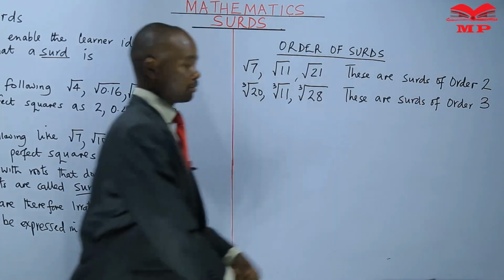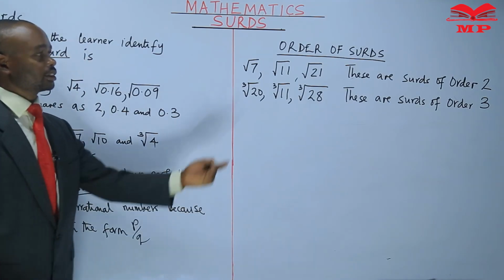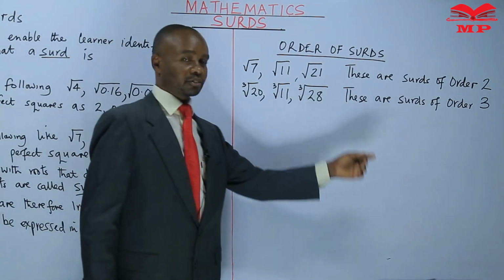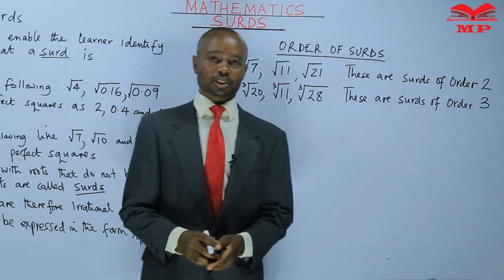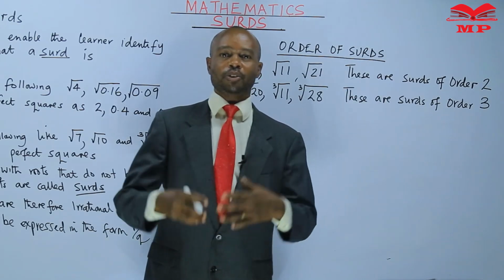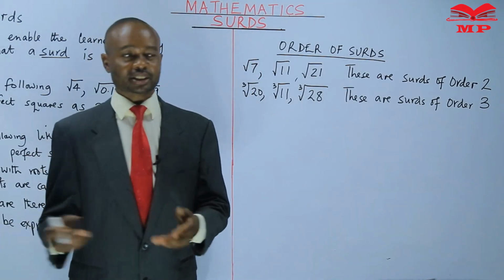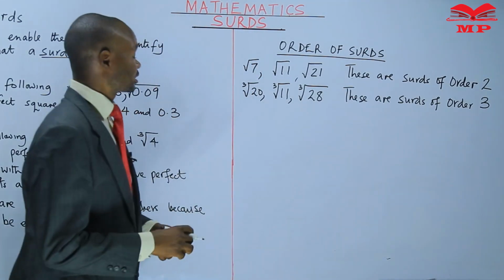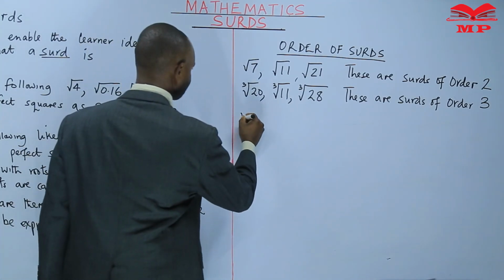We are learning these orders because it will be of paramount importance when we are simplifying, multiplying, and making some operations on surds.